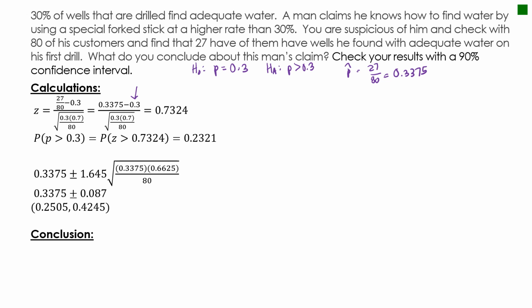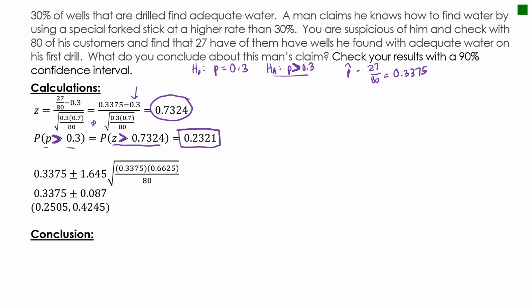And then notice this is the standard deviation, square root of PQ over N. I get a z-score of 0.7324 because this alternative was greater than, I'm finding the area to the right. Again, I'm saying the probability that P is greater than 0.3, which is the alternative, is the same as the probability that z is greater than the z-score that I computed, which gives me 0.2321.